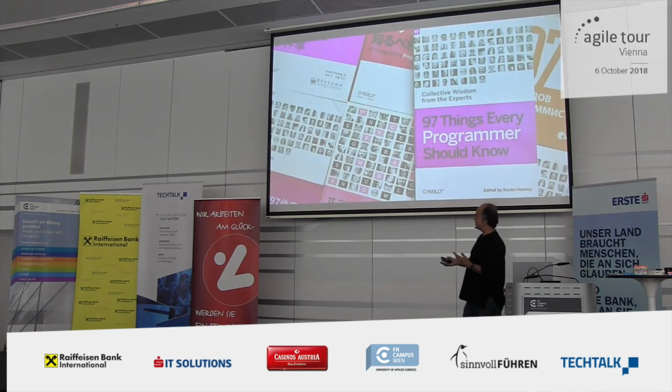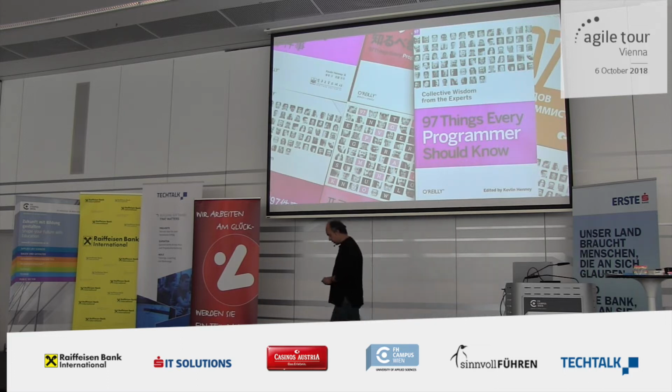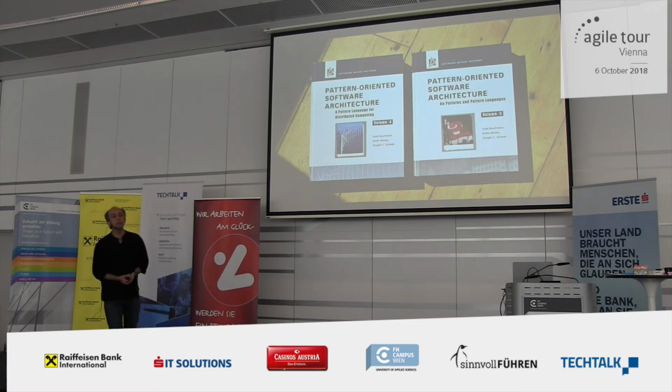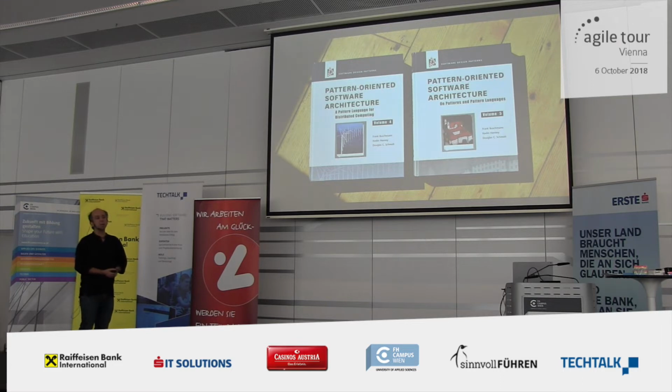So, my background. I'm kind of known for this thing: I edited, a few years ago, 97 Things Every Programmer Should Know. I care very much about the code and the practices around it, and the bigger picture. I have a background in the patterns community, and one of the things that the patterns community taught me was look at things carefully.